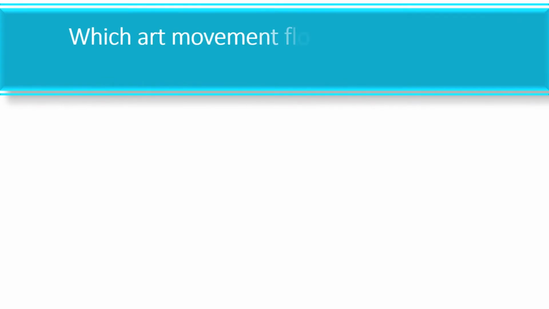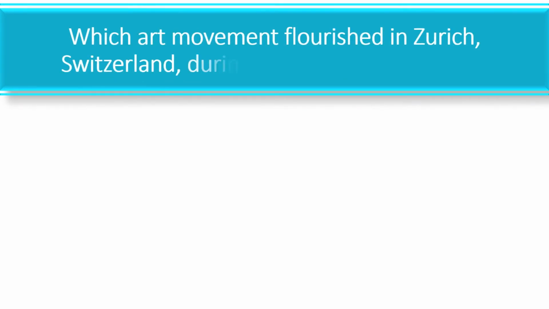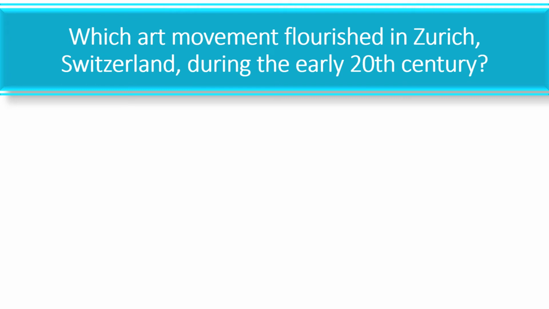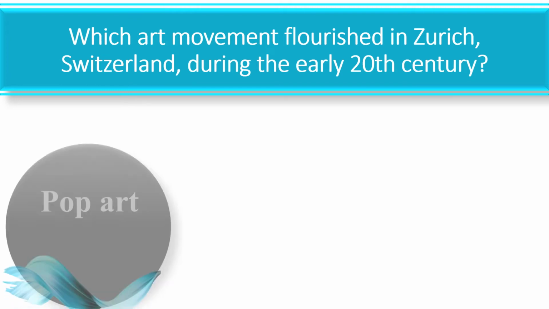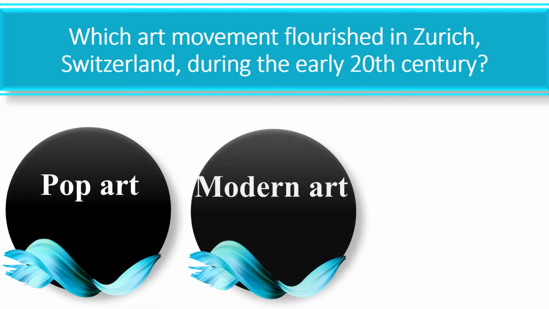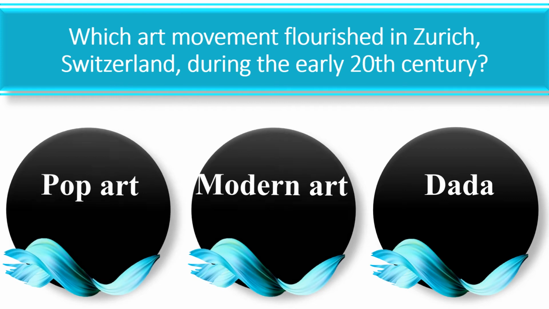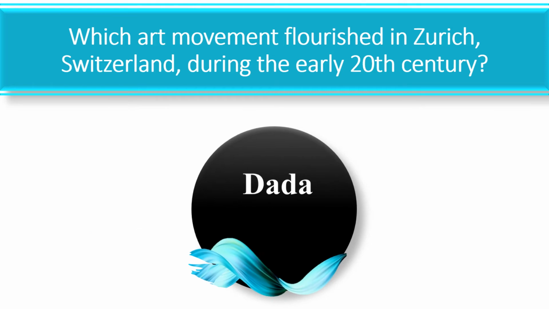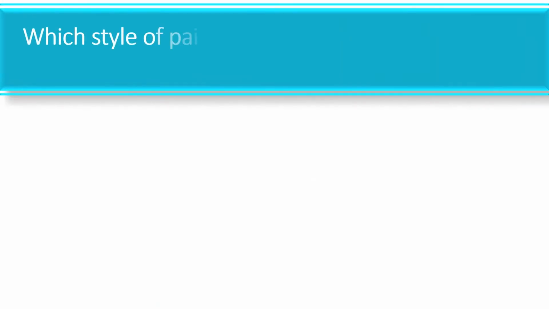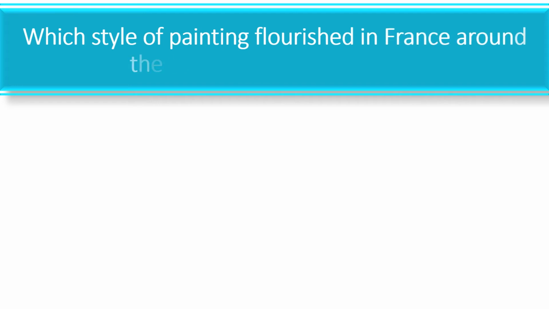Which art movement flourished in Zurich, Switzerland, during the early 20th century? Pop art. Modern art. Dada. Dada. Which style of painting flourished in France around the turn of the 20th century?